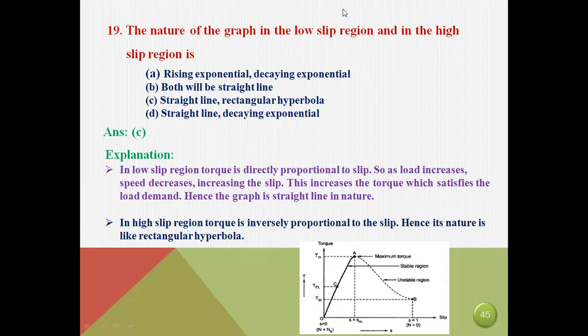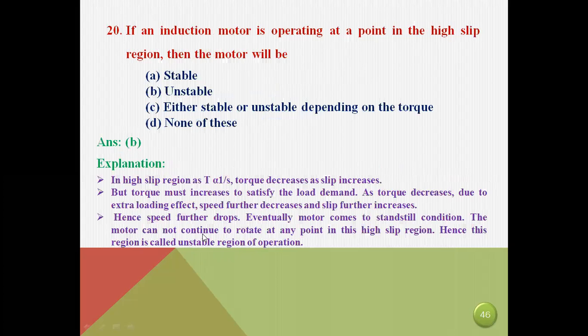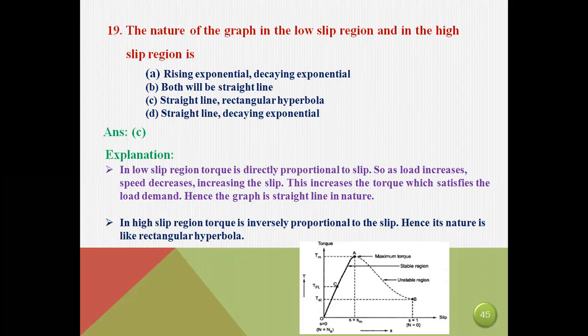So in the low slip region you get a straight line. But in the high slip region, torque is inversely proportional to the slip. Here it is directly, here it is inversely. Hence its nature will look like a rectangular hyperbola. They are not giving decaying exponential or hyperbola alone as the right option. So we are supposed to select the correct answer as C.